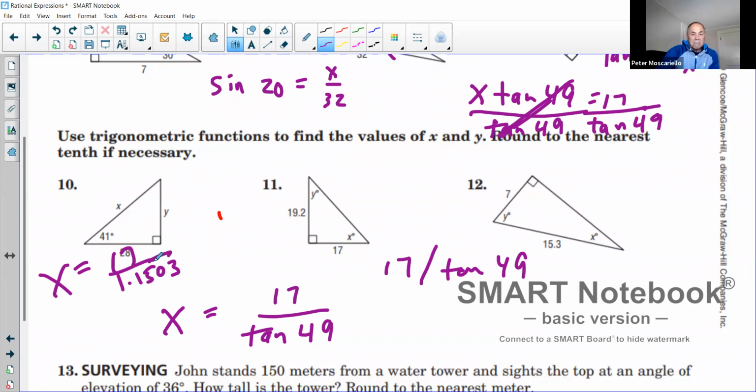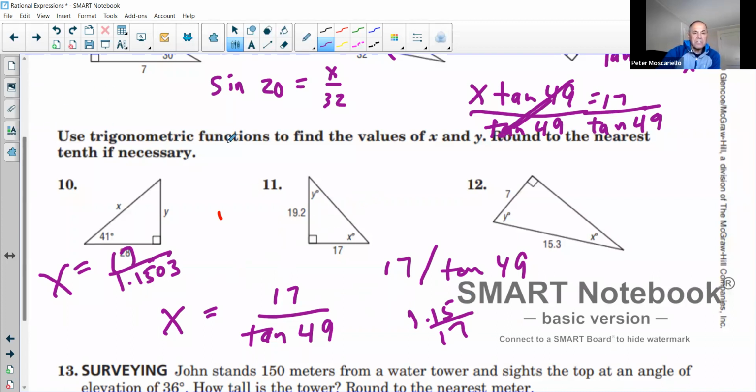I guess I can just divide that problem out. I tried 1.15 over 17 and then hit the 1 over x key to flip it over, but it didn't work. Forget about it. Just do 17 divided by that and you get whatever you get.